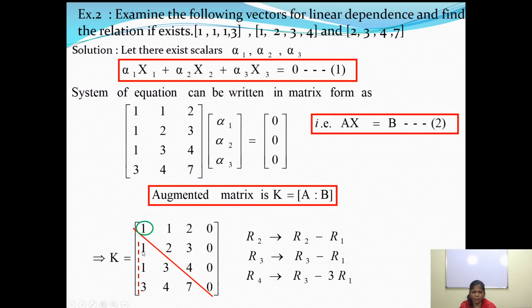So the operation for this is R2 minus R1. For this one, remember, note here, you have to make use of this diagonal element only in order to convert the element to 0. So R3 minus R1, and for this element it is R4 minus 3R1. So all elements get reduced to 0. Changes take place in second, third and fourth row.